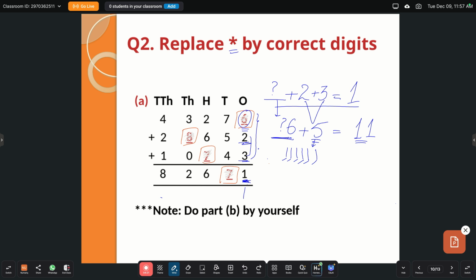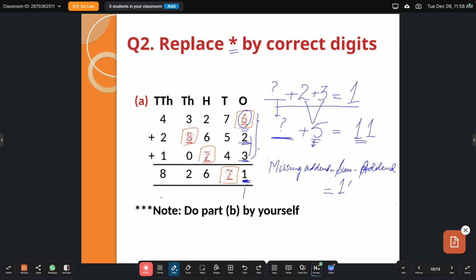There is one other way of finding this missing digit. If you have to find the missing addend, and you have been given one of the addends and the sum, what you will do is subtract that given addend from the sum.